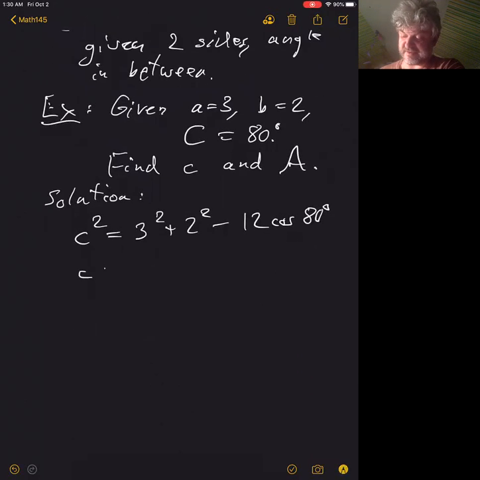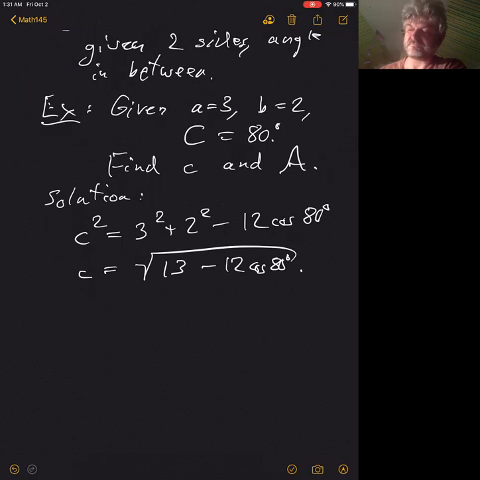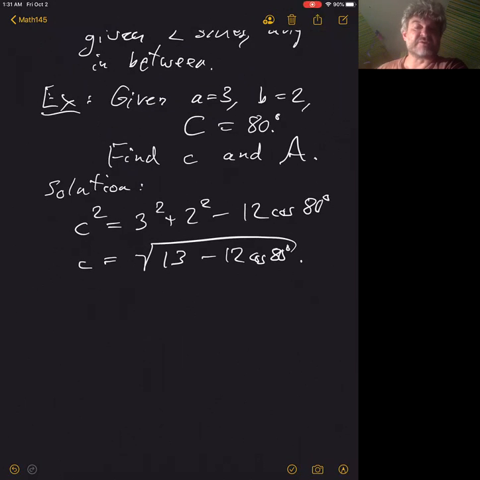So we get that side c is the square root of 9 and 4 is 13 minus 12 cosine of 80 degrees. Some number. As it is, I would call that form an exact answer. And in some exams, especially if they're face-to-face, let me tell you, I don't want calculators. I'm happy with the answer in this form.